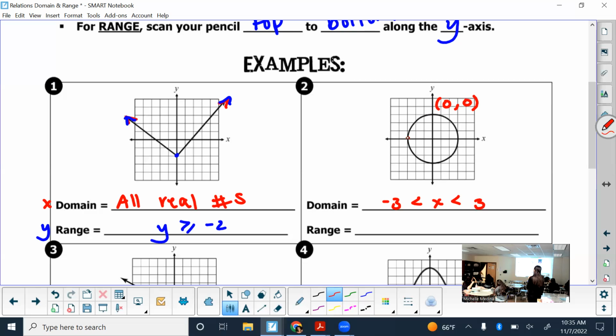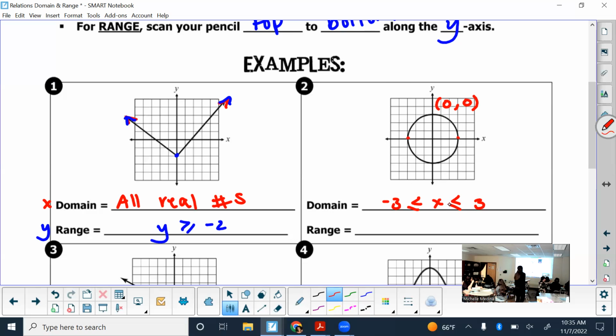Yes, we have a solid line going through the -3, so it's also equal to. Does it go through the 3 on the x-axis? So then it's also equal to right here. Questions on that?